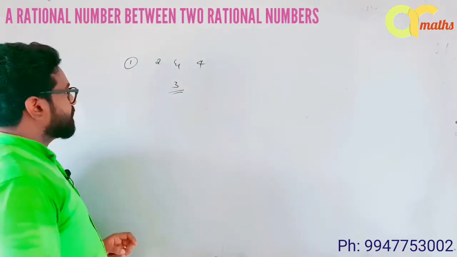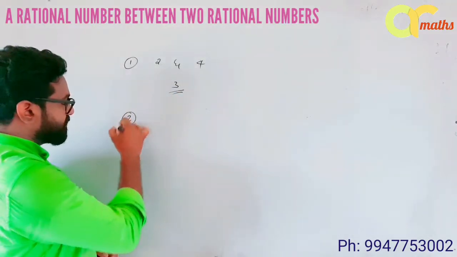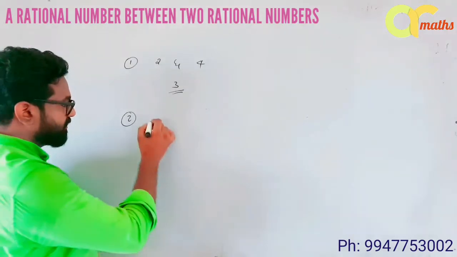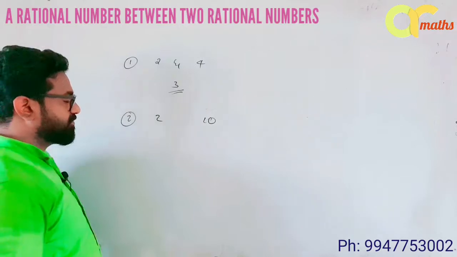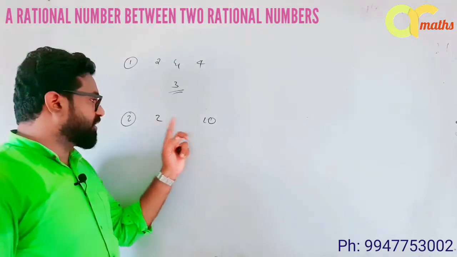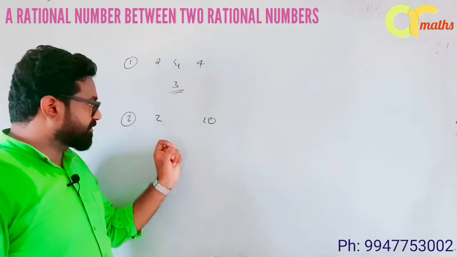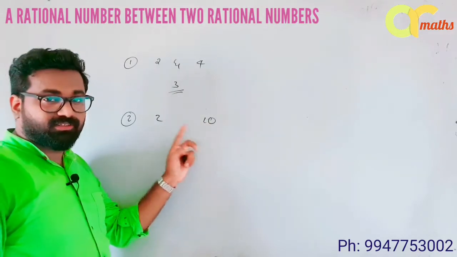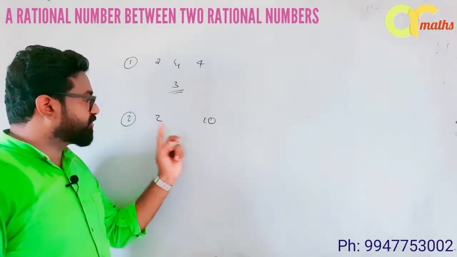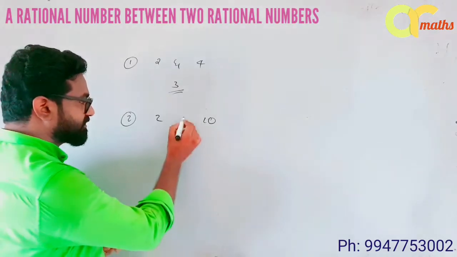Ready? Then next, suppose we are given another pair of numbers, 2 and 10. What is the rational number between 2 and 10, or the middle number of 2 and 10? That is 6.